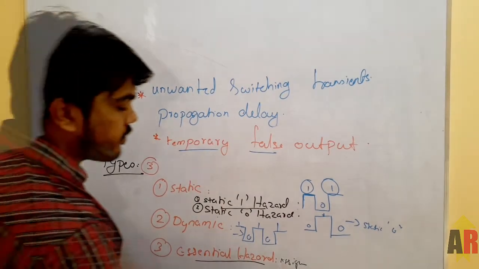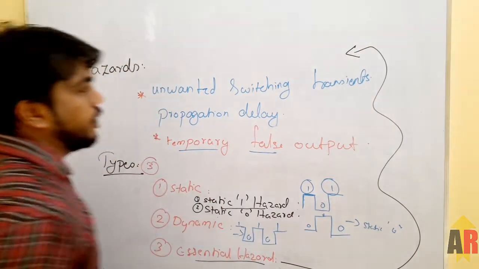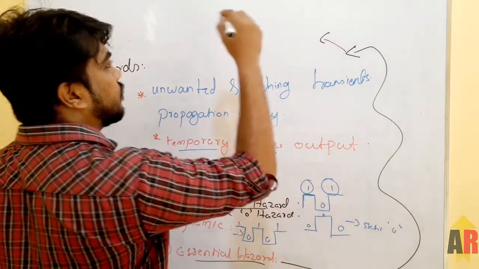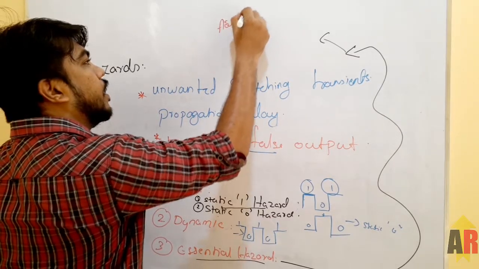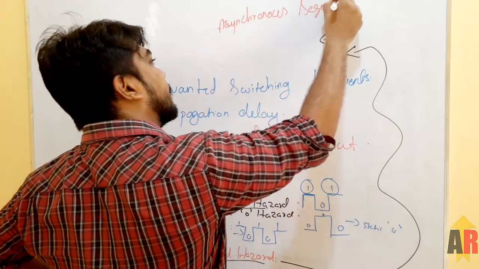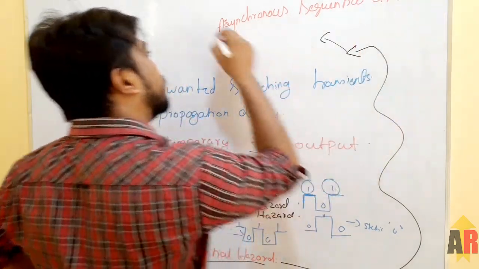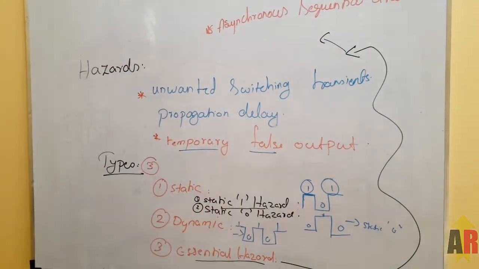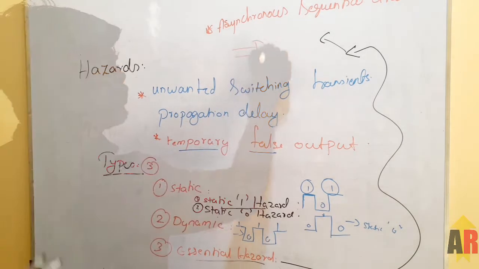Likewise, essential hazard normally occurs in asynchronous sequential circuits. Why does this normally occur in asynchronous sequential circuits? Take any random circuit.